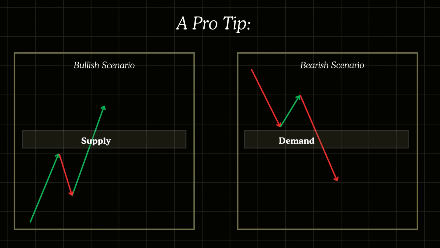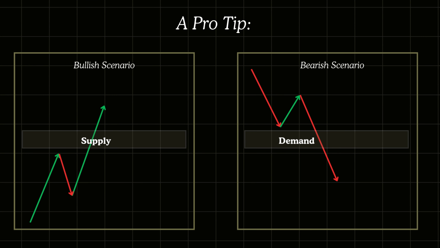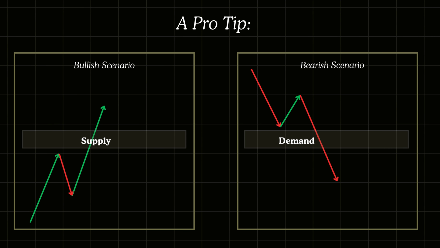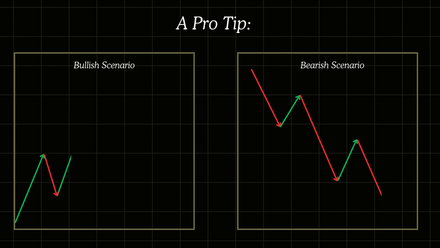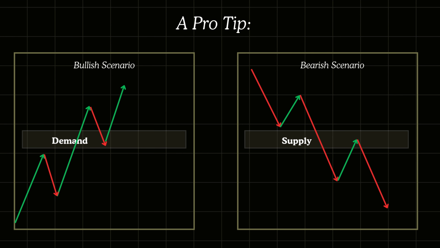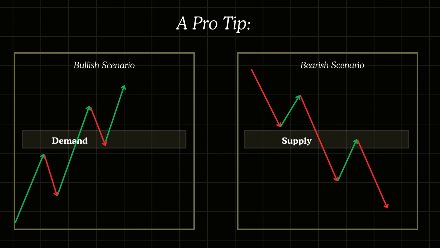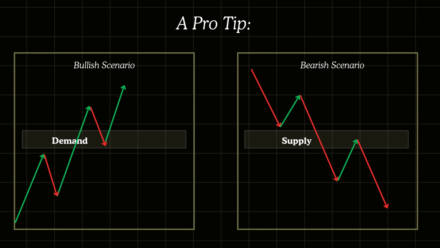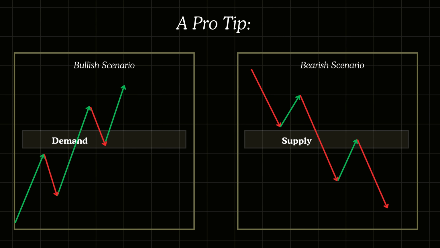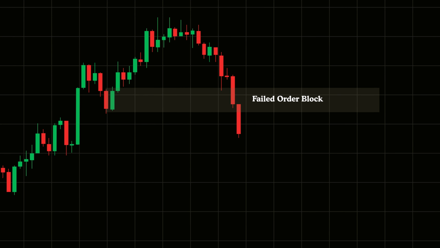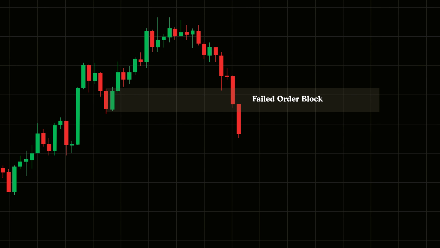Whenever price breaks through a significant demand or supply zone without reacting to it, that zone flips its role. A supply zone turns into a demand zone, and a demand zone transforms into a supply zone. This same concept applies directly to order blocks as well. There are several reasons why the market may overlook the supply or demand within an order block.